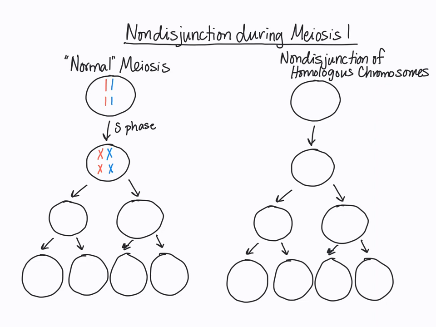Now, during meiosis 1, and so this is that first round of cell division, remember that the homologous chromosomes are supposed to separate. And so what that means is that out of these pairs of chromosomes here, one of them is supposed to go into one daughter cell, the other one is supposed to go into the other daughter cell.